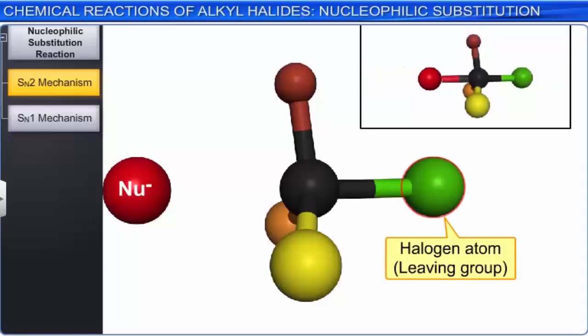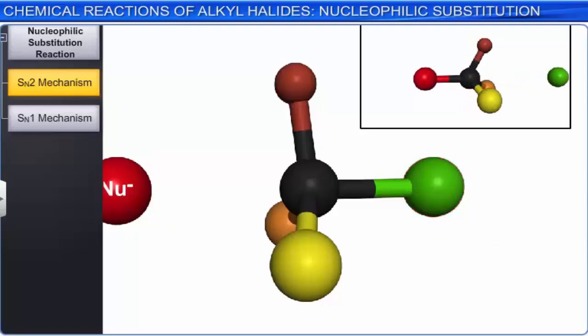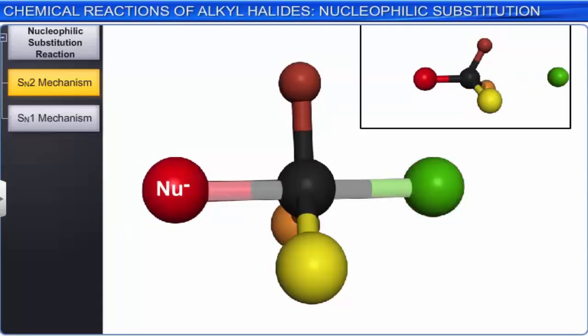The leaving group leaves simultaneously. This is described as a concerted mechanism. That is a one-step mechanism, because the new bond between the nucleophile and the carbon atom forms at the same time as the carbon-halogen bond breaks, as shown in the pentacoordinate transition state.